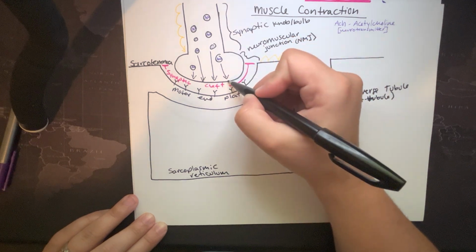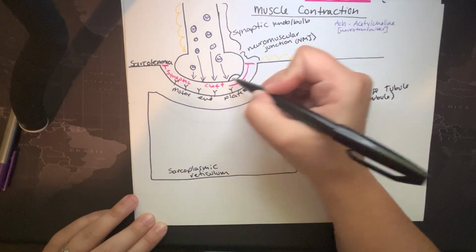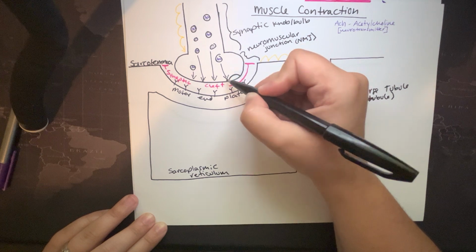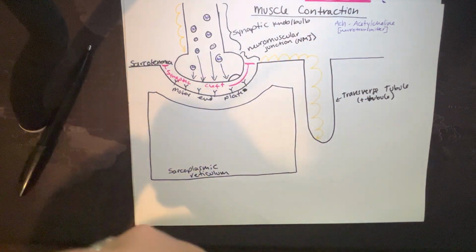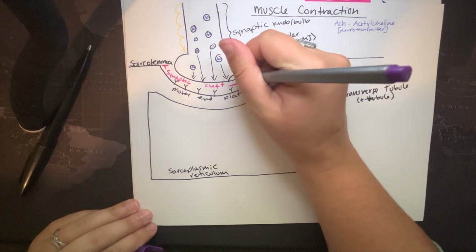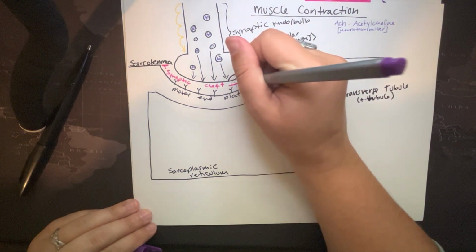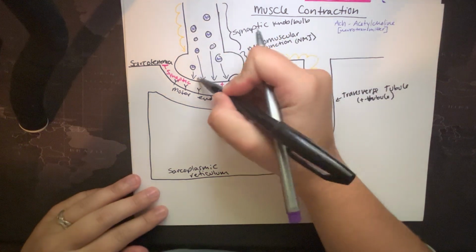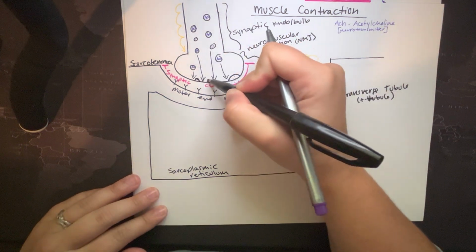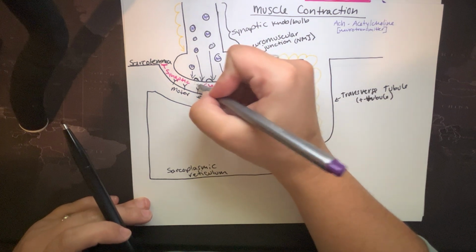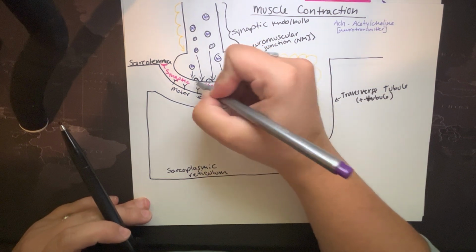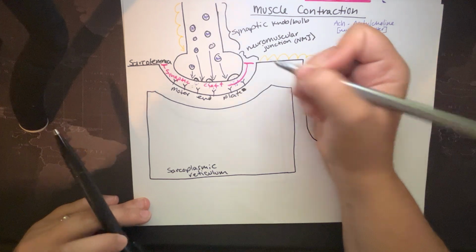Our transport vesicles are going to bind to our cell membrane of our neuron, and they're going to release all of the acetylcholine into our synaptic cleft. So we bind to the cell membrane, release their contents into the synaptic cleft.